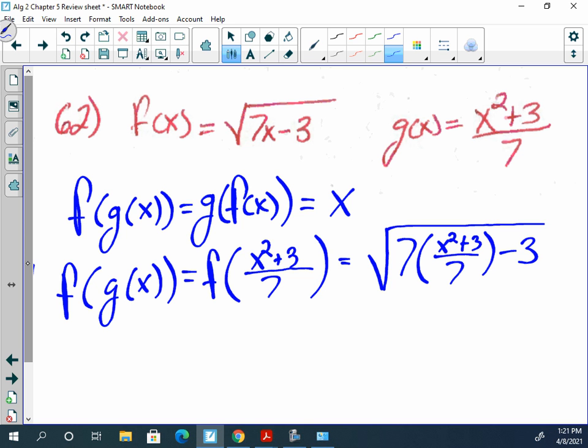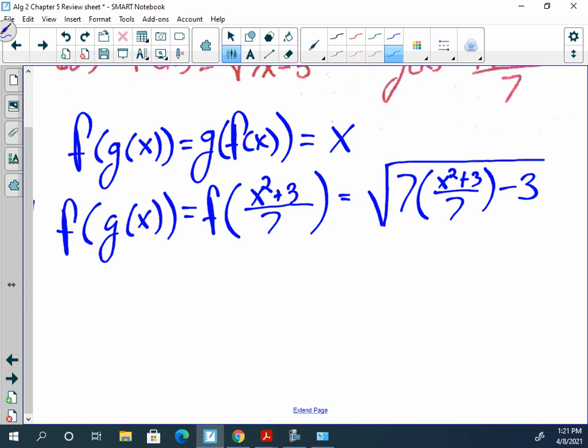Now we do need to simplify this here a little bit. So any questions on this here before we start simplifying? Well, here, the 7 and 7 would cancel because it's 7 over 7 when we multiply. So those would simplify out. Now what that would leave us with is the square root of x squared plus 3 minus 3.